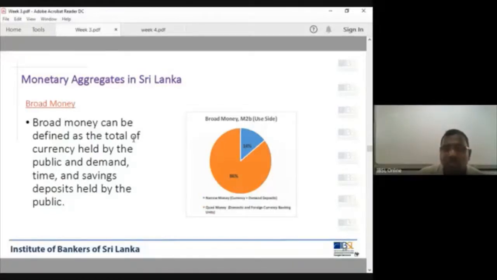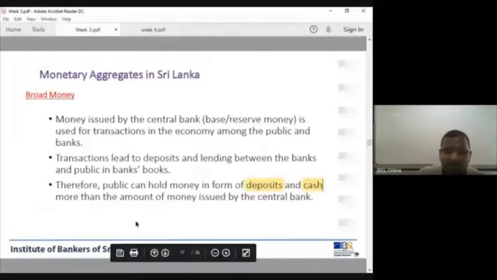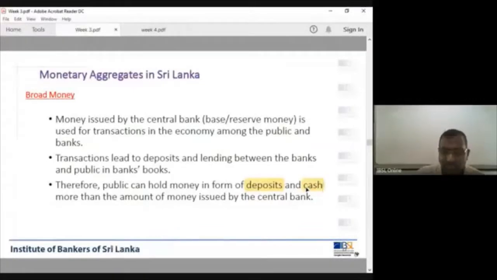So M2, if you want in this slide, you can simply write, if you want the M2 definition in Sri Lanka, that is simply narrow money plus time and savings deposits of commercial banks.